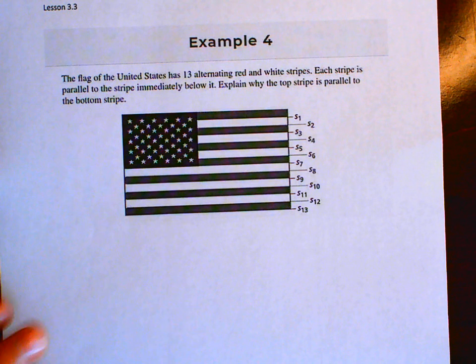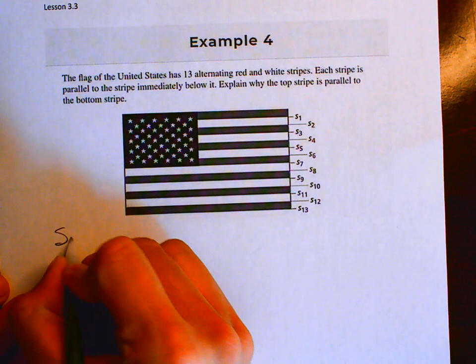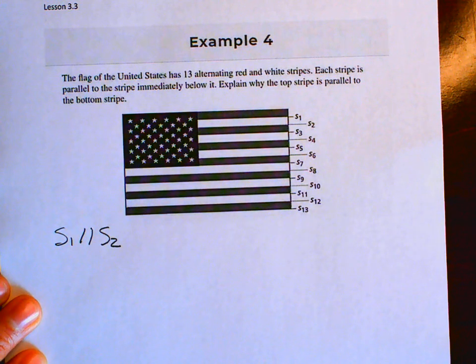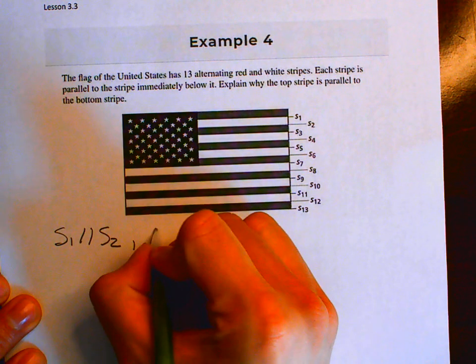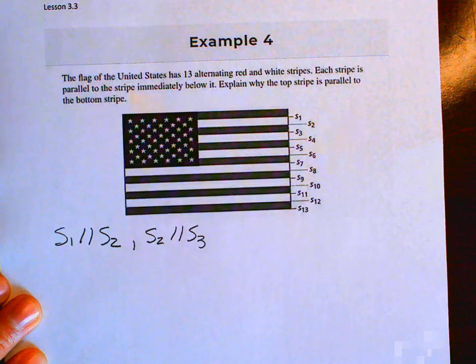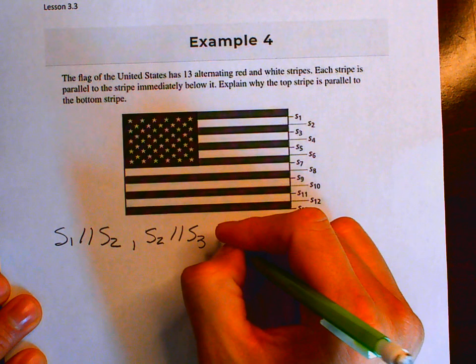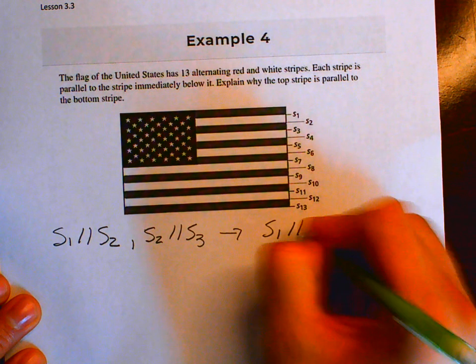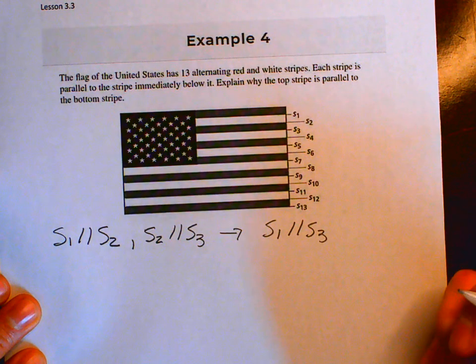So here's this. We know that stripe 1 is parallel to stripe 2. We know that stripe 2 is parallel to stripe 3. So by the transitive property of parallel lines, stripe 1 is parallel to stripe 3.